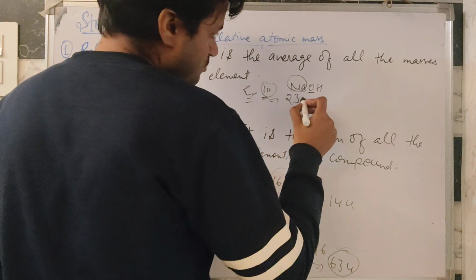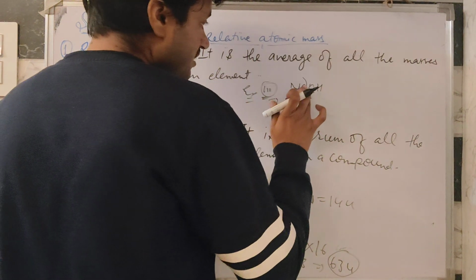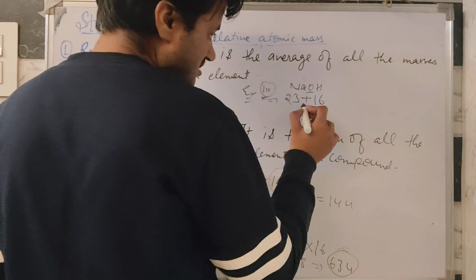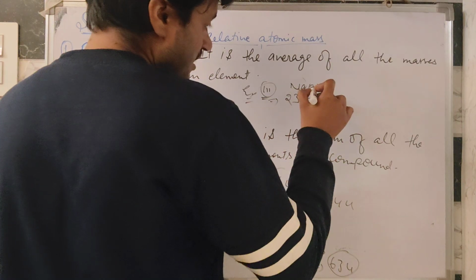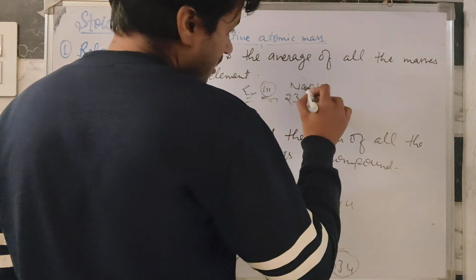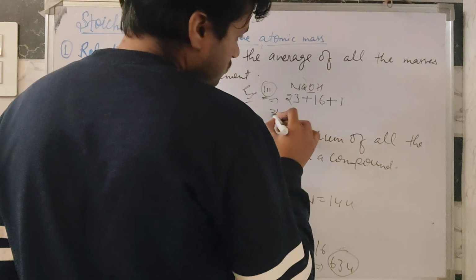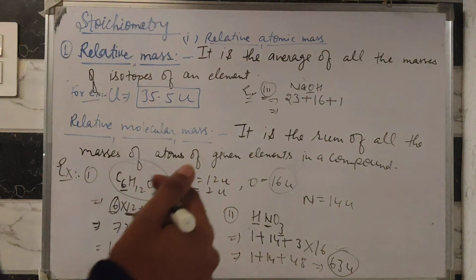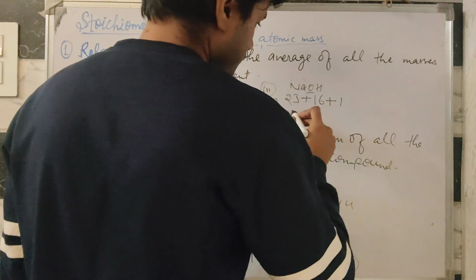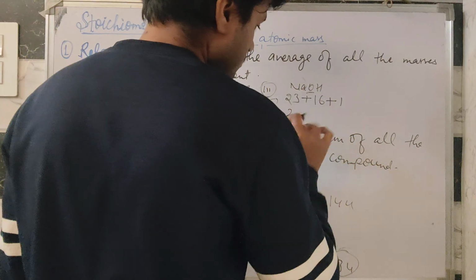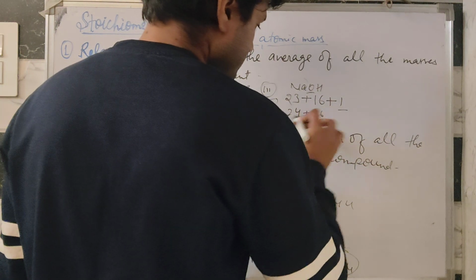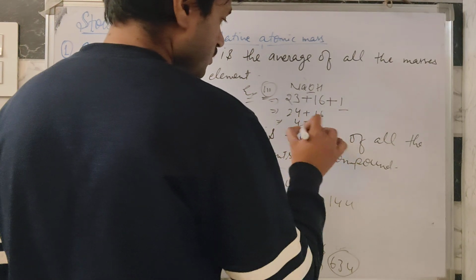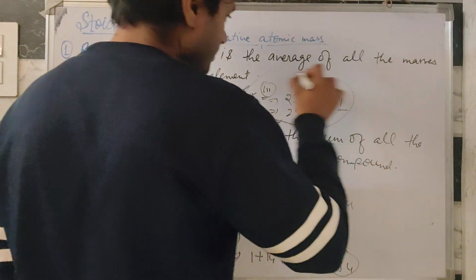So sodium has atomic mass 23. Going to the new element after sodium, oxygen, we put a plus sign and the actual value of oxygen, 16. Hydrogen is again new, so plus 1. So 23 plus 16 plus 1 gives 40 unit mass.